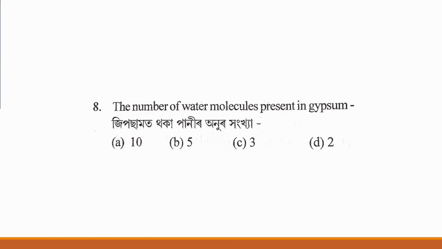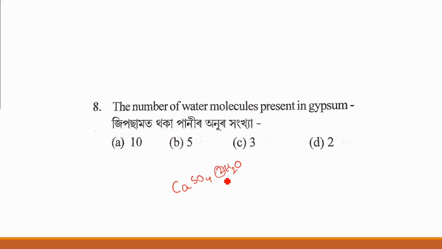The number of water molecules present in gypsum is: option A 10, option B 5, option C 3, option D 2. So we know that the chemical formula of gypsum is CaSO4·2H2O, which means that each formula unit of gypsum contains 2 water molecules.